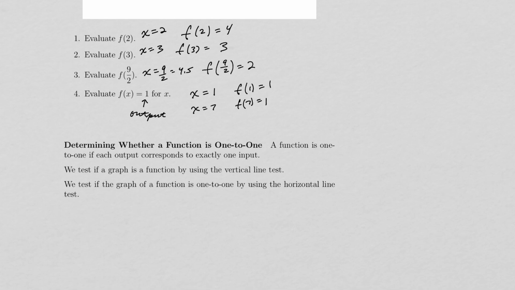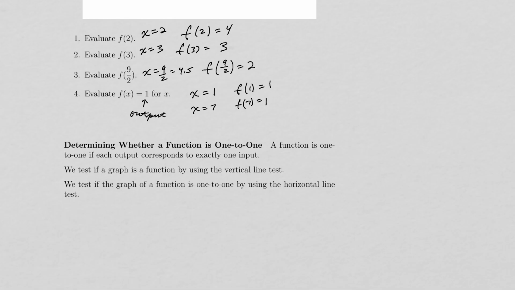A function is considered to be one-to-one if each output corresponds to exactly one input. So each input has to correspond to exactly one output in order for it to be a function at all, but it'll be a special function, a one-to-one function, if each output corresponds to exactly one input. So that means the inputs and the outputs can't repeat, and then it would be a one-to-one function.